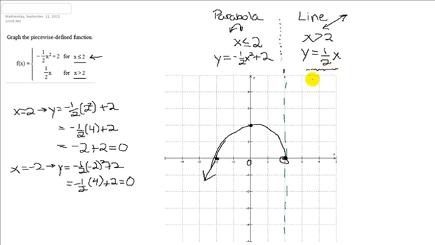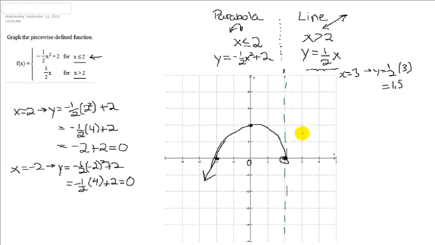Okay, now we just need the right half of the graph for the x values greater than 2. So the equation that we use to find our corresponding y values is here, y equals 1/2 x. Here again, this is the graph for all x values greater than 2. A lot of students make the mistake of starting their graph with 3.